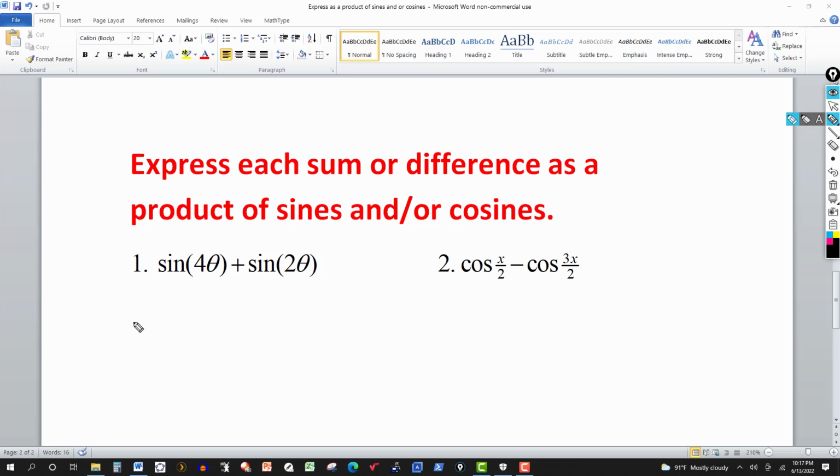So using that formula then, this is equal to, so this would be the sine, and it has a 2 right here as a coefficient. And it's the sum of the angles divided by 2. So 4 theta plus 2 theta is 6 theta, and that's divided by 2. So that's 3 theta. And then the second function is cosine.